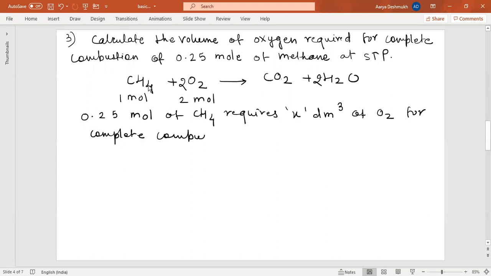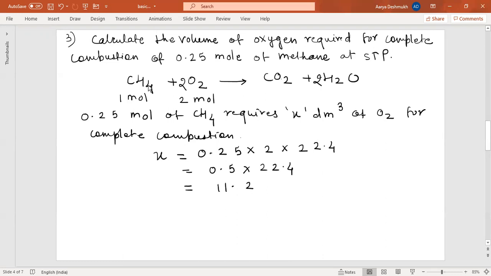Okay. So here you can write x will be equal to 0.25 into 2 into 22.4, which is equal to 0.5 into 22.4, which is coming out to be 11.2 dm cube.